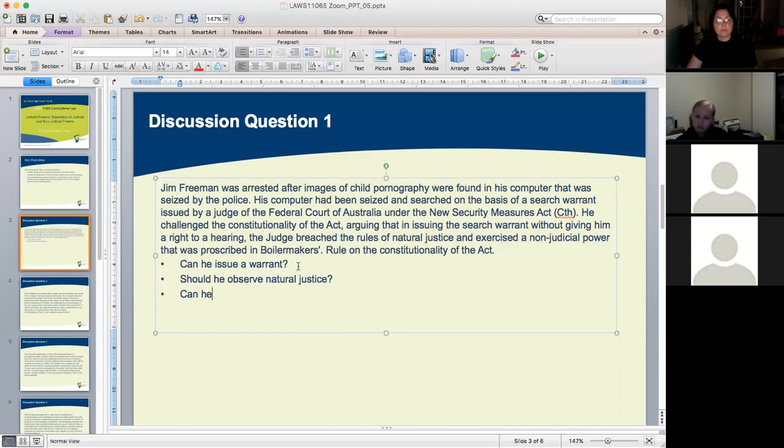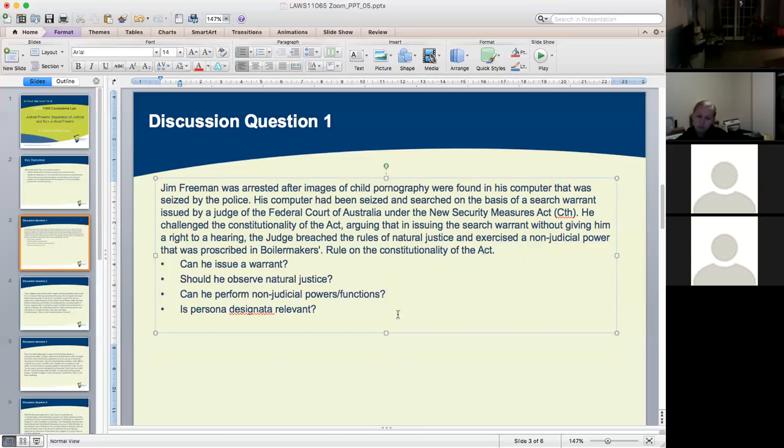So if he's a Chapter 3 court performing a non-judicial function, he must be acting persona designata, which I think the case was Drake and the Department of Immigration and Ethnic Affairs. Yes.